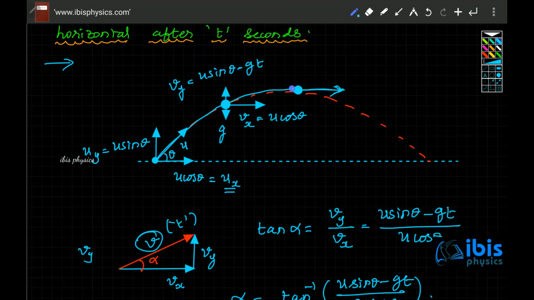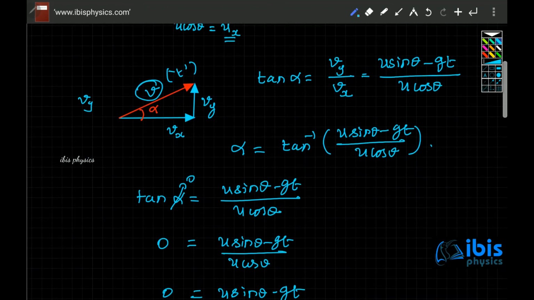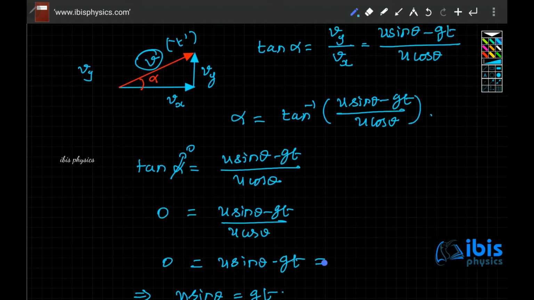Hence at the highest point, the resultant velocity vector, because up till the highest point it has horizontal velocity as well as vertical velocity. At the highest point, as you see from here, u sin theta minus gt is becoming 0. U sin theta minus gt is nothing but vy, which is 0.